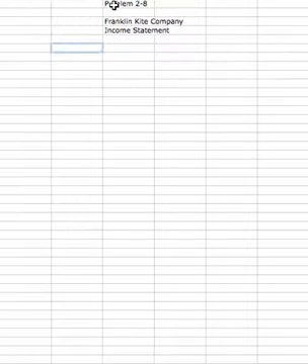So Franklin Kite Company, we're given some information, but we need to first consider what the outline of a good income statement in proper form would be. So in this case you can see that we've got sales. It's typically the first item on an income statement, and you might remember the next item we subtract is cost of goods sold.